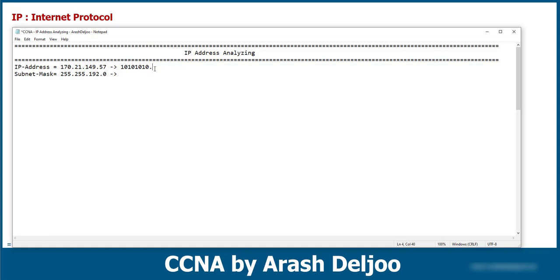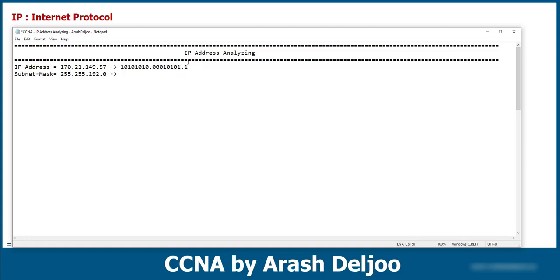After that, we need to find the binary value of 21. It does not have 128, and does not have 64 or 32, but it has 16. Also, it does not have 8, and here we have 1 for 4 and then 0 1. Let me calculate: 16 plus 4 equals 20, and then 21. That's it. After that, we need to convert 149.